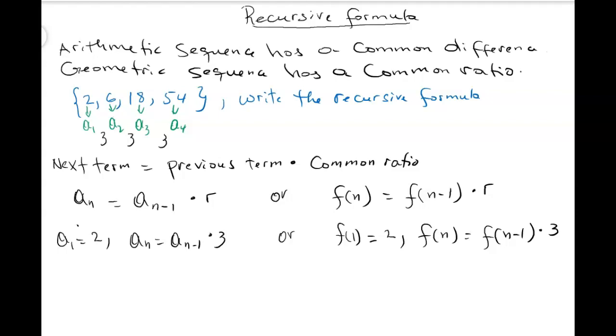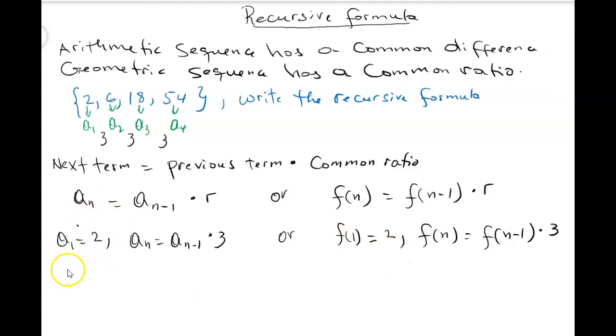To write out the recursive formula, there are two things you need: the first term of that sequence and the common difference or the common ratio. If you're dealing with an arithmetic sequence, the first thing you do is write out your first term, so a sub 1 or f of 1.